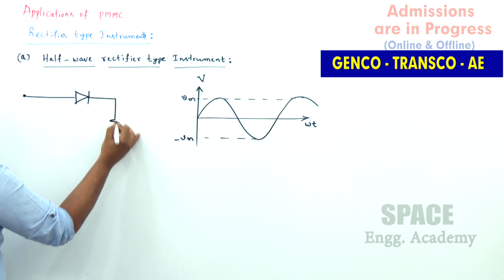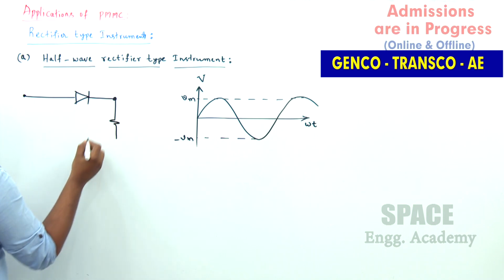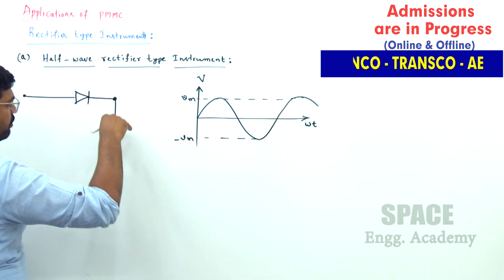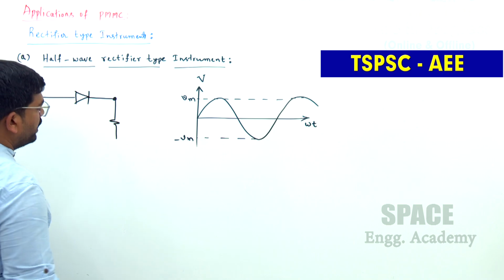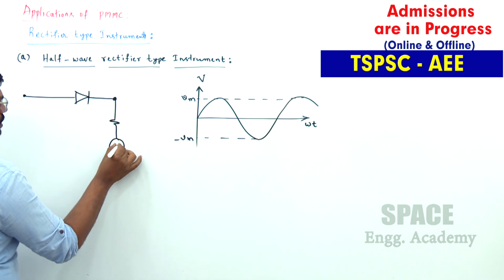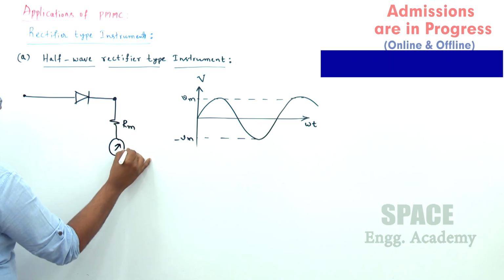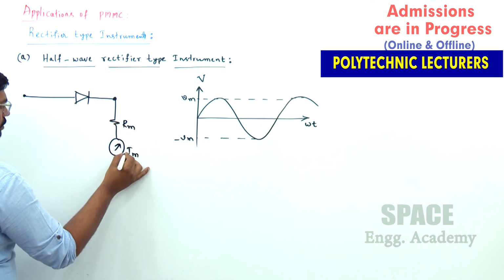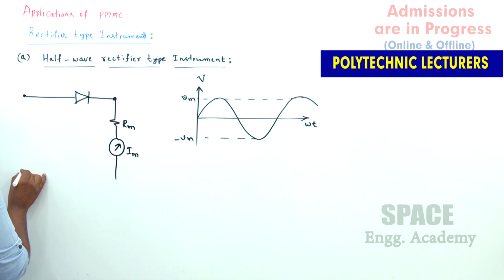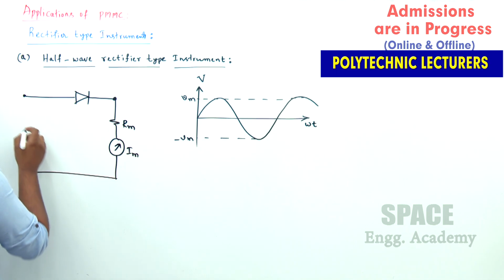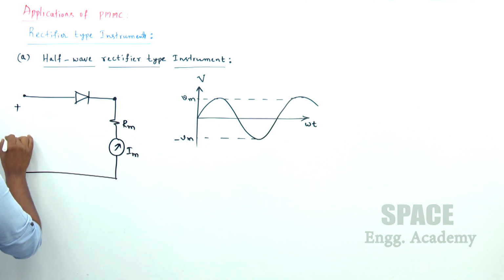Output of this rectifier type is DC. So for DC detection we are using PMMC. So I am using the circuit form of PMMC, like IM or IFS. Got the point? Here the supply voltage V is generally taken as an RMS quantity.